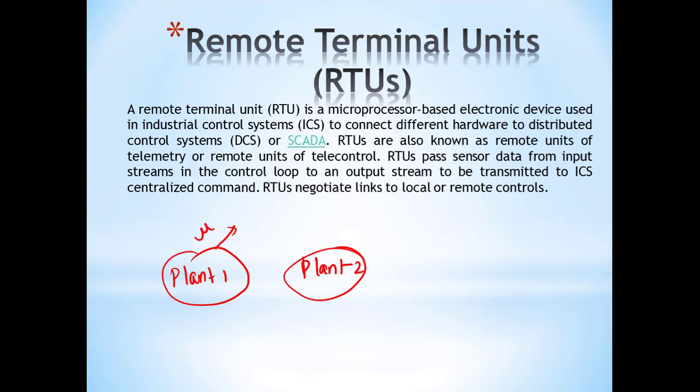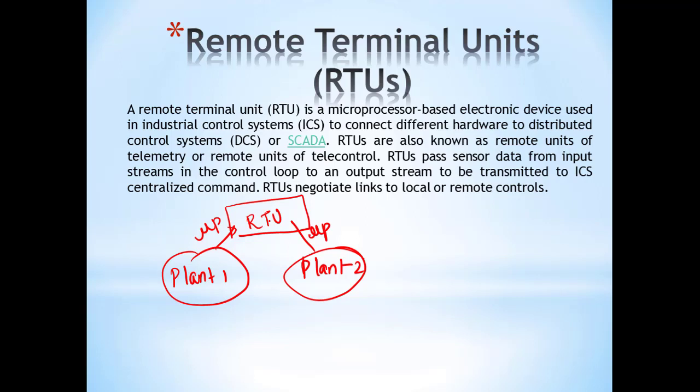It will be a microprocessor based electronic device connected to the plants, and through the microprocessor based unit you will be connecting to the remote terminal unit. It is used in industrial automation systems to connect different hardware. Hardware in the sense that plant 1 has many hardware units, many machine levels. Those hardware units will be connected to the remote terminal unit with the help of your microprocessor based electronic device.